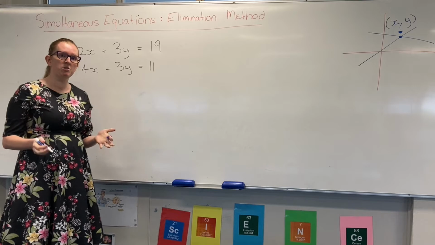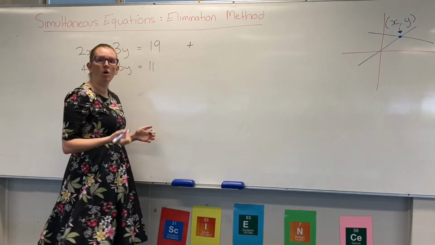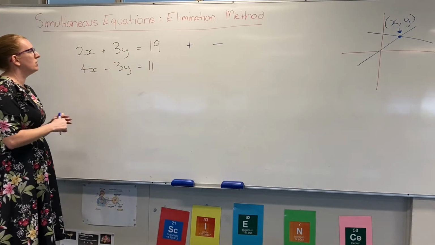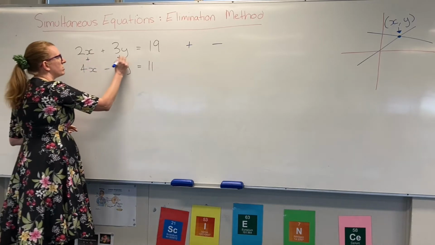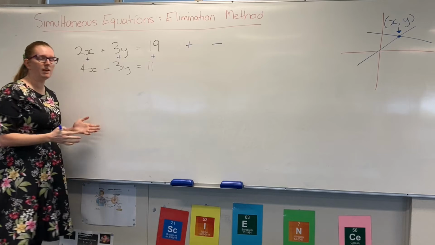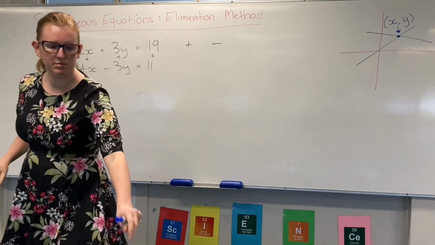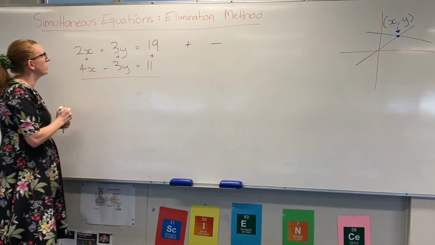Now with the elimination method, I can either add my equations together or I can minus the equations one from the other. So let's start with adding. If I add this equation to this one, let's see if one of my components gets cancelled out, or eliminated, I should say.